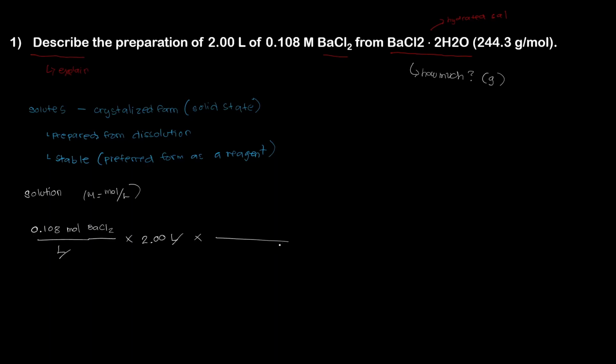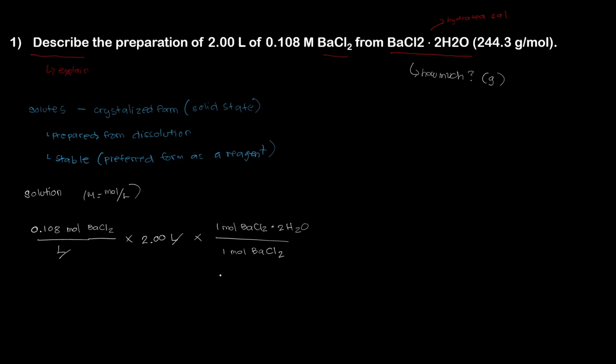Okay. This time, we will use stoichiometric coefficients. So 1 mole of BaCl2, how much mole of hydrated salt? It's still 1 mole. Okay, let's see why.